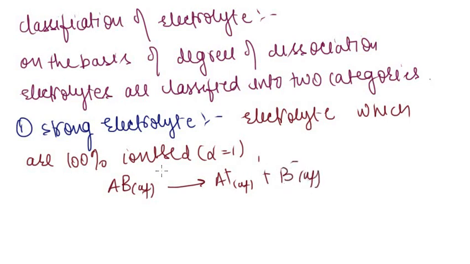There is no reverse reaction. The whole compound is dissociated into its constituent ions. If we draw it, at time t equals 0 the reaction started and the concentration was C. When the reaction ends, it is completely dissociated and it is C and C. Initially it was 0. So what are the strong electrolytes? In the case of ionic equilibrium, how do we categorize the strong electrolyte?